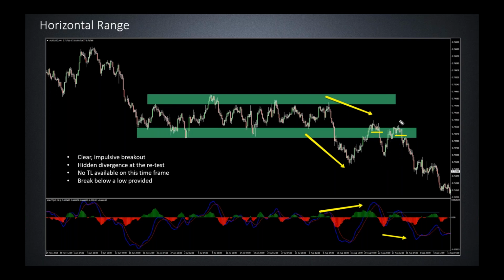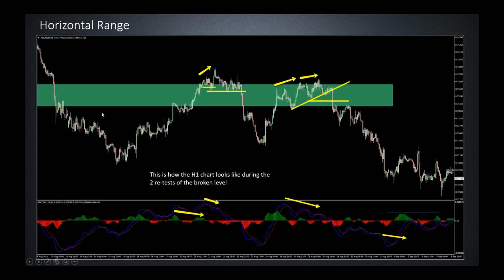Then another bounce up, another attempt to break above it. You have the first low, again, not ideal because of the 2 candles rule here. And then another low. Now, if we go ahead and drop down to the lower time frames, you'll see how these things look on the lower time frames.